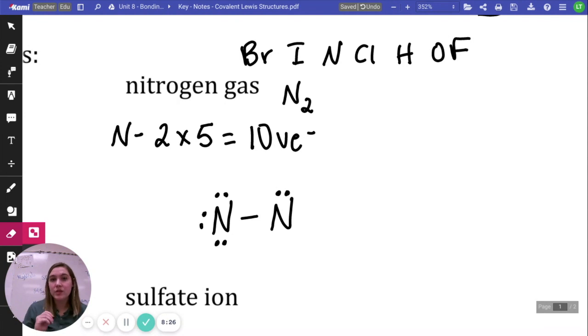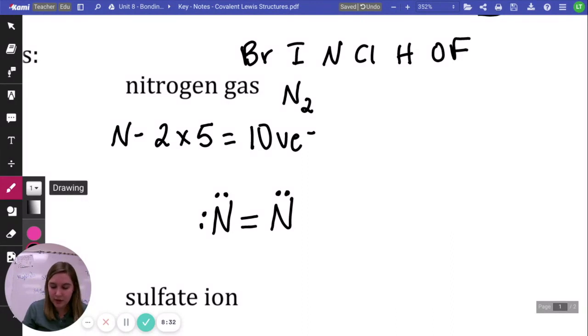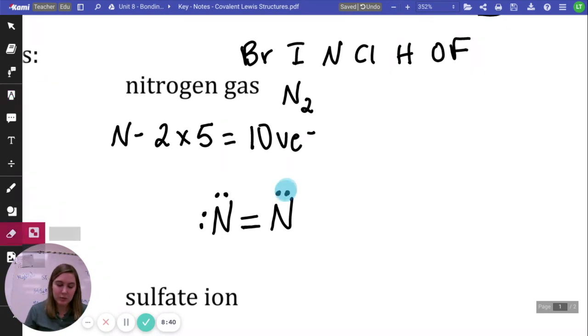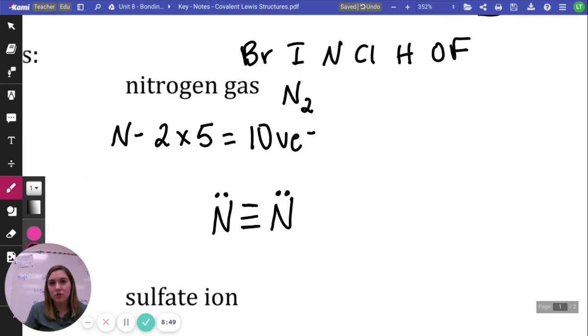All right, so what we're going to do is steal a pair from the other nitrogen and then create a double bond. So then we can check there. So now that we have a double bond, they are sharing 4 electrons between them. And that other nitrogen still only has 6. So we'll steal 1 more pair of electrons and put it in between them and create a triple bond between those nitrogens.